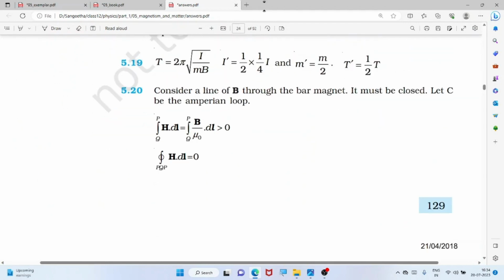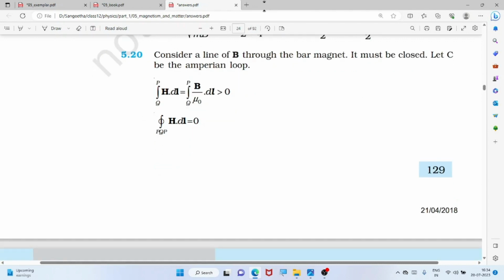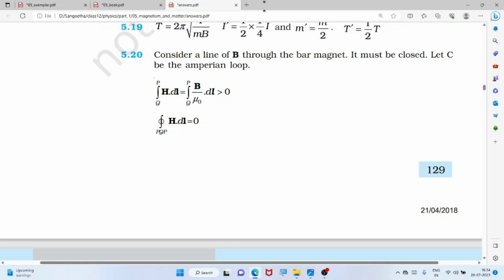Okay, consider a line of B through the bar magnet. It must be a closed curve. So H is equal to B by mu naught, from that formula. Inside, this is greater than 0. But over the total closed loop, this will be 0 as per Ampere's law.